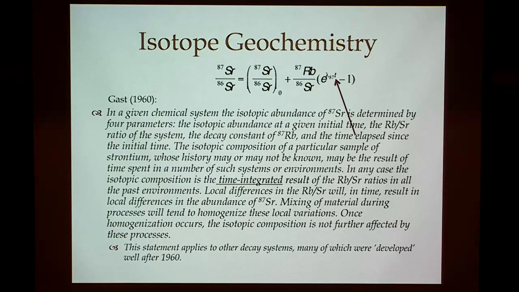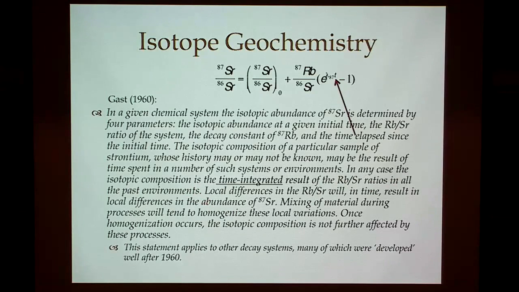He goes on to say the isotopic composition of a particular sample of strontium, whose history may or may not be known, may be the result of time spent in a number of such systems or environments. In any case, the isotopic composition is the time-integrated, and this is the key term, time-integrated result of rubidium-strontium ratios in all past environments.